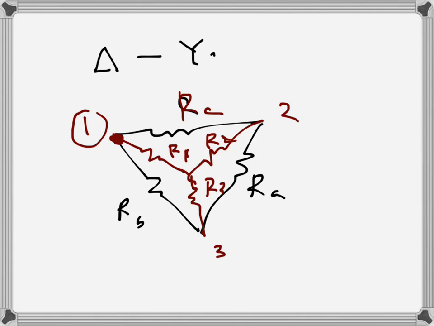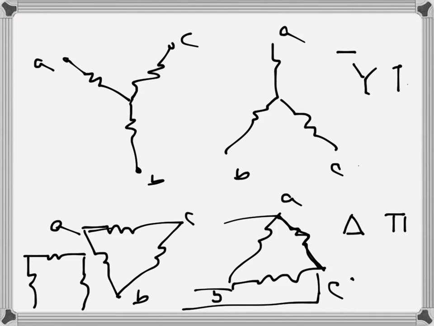So in Y connection, only one resistance is connected to each of the nodes. Here we have just this resistance, here this, and here this. For delta, each of the nodes has two resistances. So for A we have this resistance and this resistance. For B we have this resistance and this resistance, and so on.